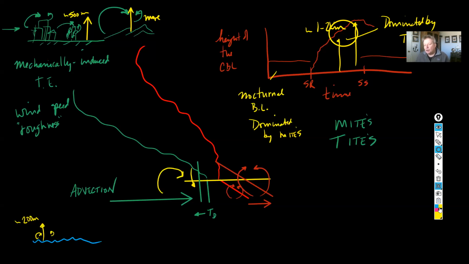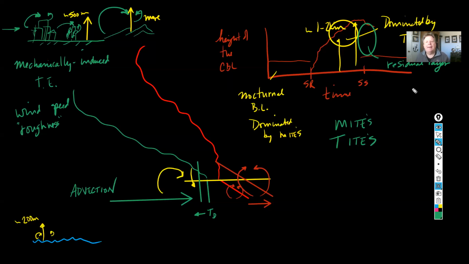But what happens over here when I go from night to day? These were turbulent eddies that were there during the day, but now they disappear at night. So this layer here is what we call the residual layer. They were affected and in essence slowed down during the day, and they rebound at night.